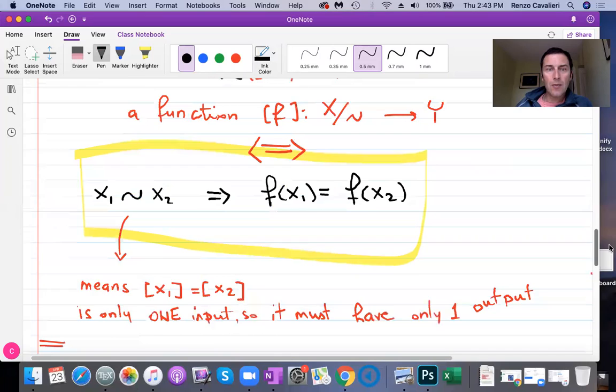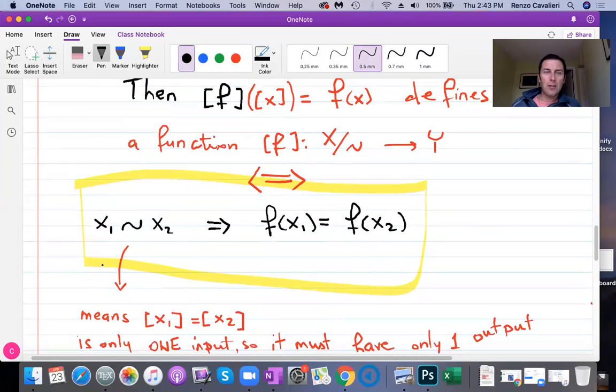And we said right here that the condition for square bracket f to be a function is this one right here. Let's call it star. Every time x1 is equivalent to x2, then f of x1 is equal to f of x2.